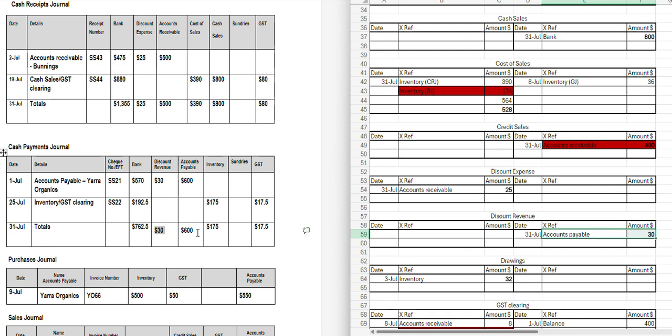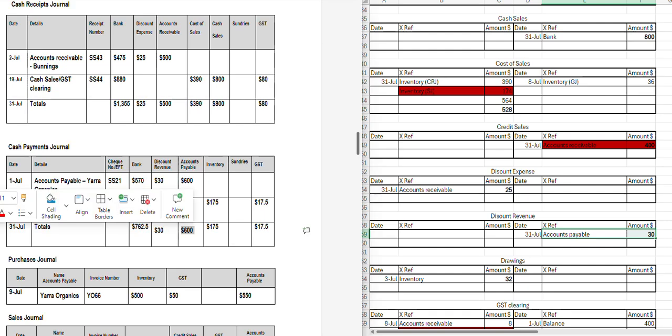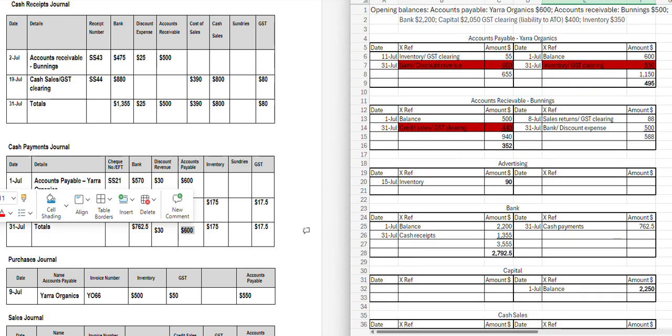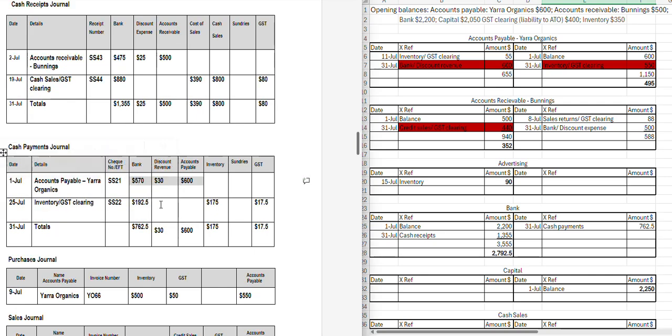So in terms of our accounts payable, the 600 here that we've actually paid during the month, or settled I should say, that amount is made up of, if we look at this transaction on the 1st, the 570 that we actually paid, plus $30 discount that we've received by being prompt.